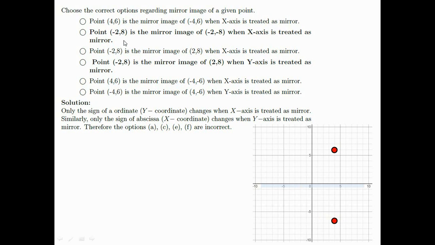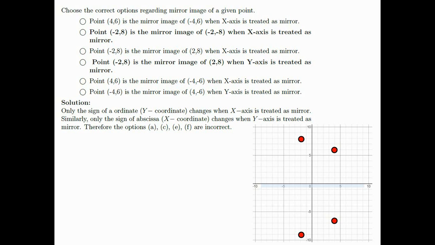The next option is point minus 2 comma 8, whether that is the mirror image of minus 2 comma minus 8. That is this point, when x-axis is treated as a mirror. This is correct. Point minus 2, 8 is the mirror image of 2 comma 8 when x-axis is treated as mirror.